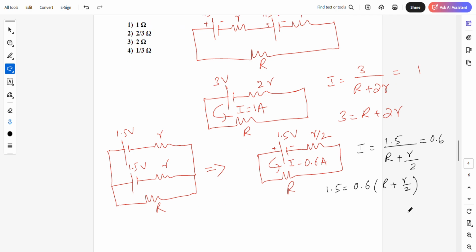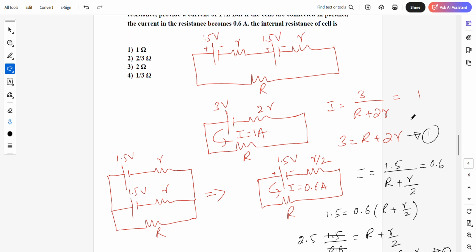So this I can write as 1.5 divided by 0.6 that is equal to R plus R by 2. I can write this as 15 by 6. 15 by 6 is approximately how much? 2.5. Okay. 2.5 is equal to R plus R by 2. Okay. Call this as equation number 2 and call this as equation number 1.